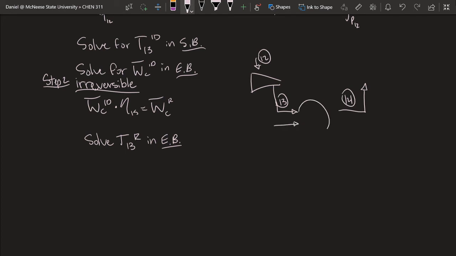I guess you could write it like that, since we're saying that's the combustion chamber. So this is the air and this is the fuel, okay? Except this time the only difference between the two is that the air is now compressed and the fuel enters at the same pressure as the compressed air. So P13 equals P14.